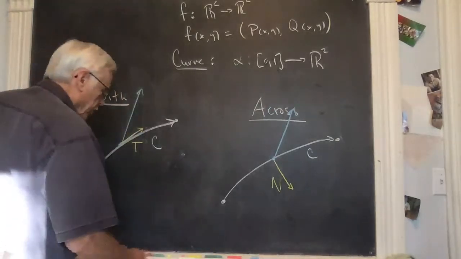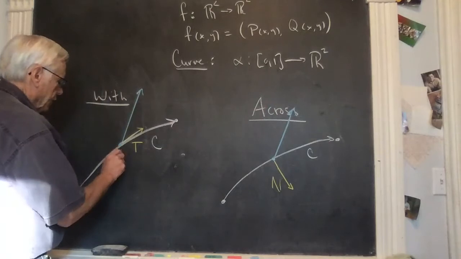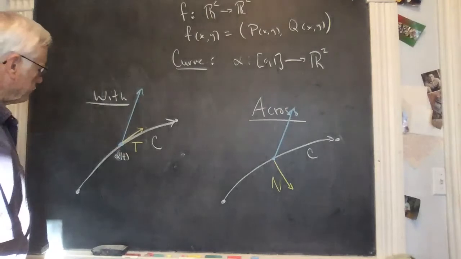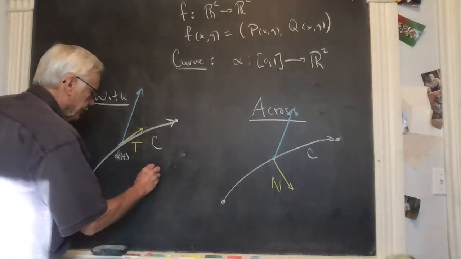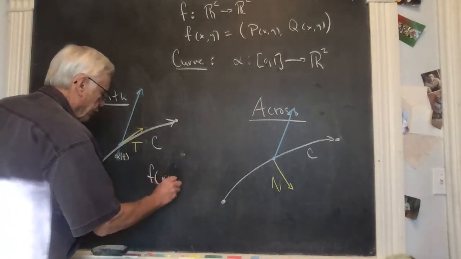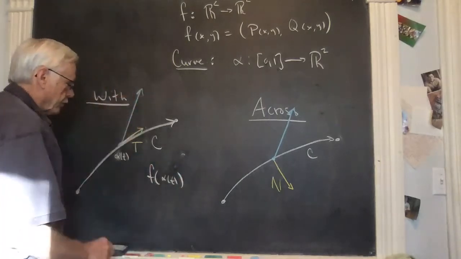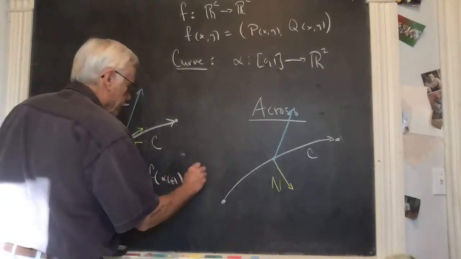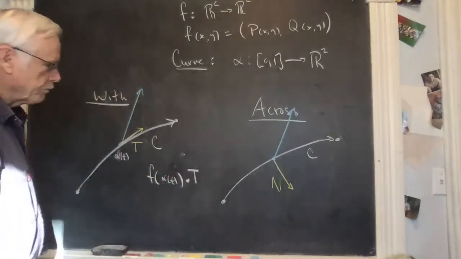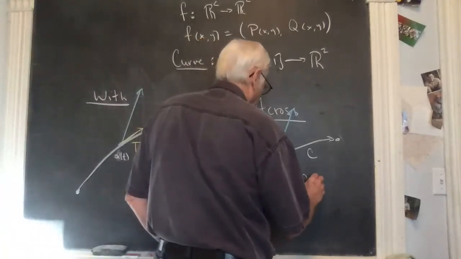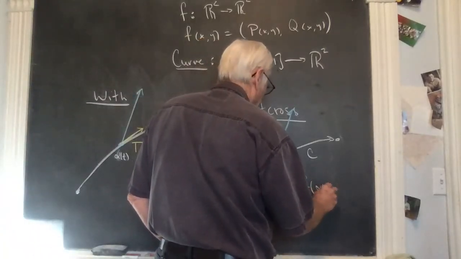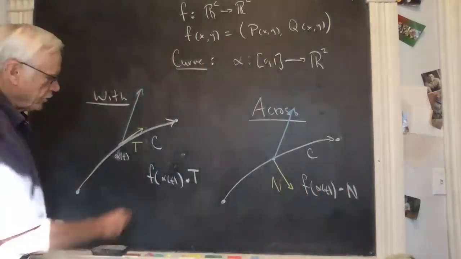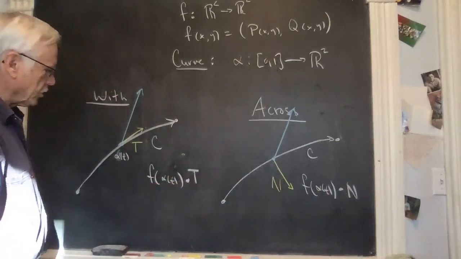And so the force that's with you at this point alpha of t will be F of alpha of t. That's this blue vector. That's the force, but the one that's with you is dot T, dot that tangential vector. And over here, the force that's across you, F of alpha of t, dot product with N. Now these are not vector quantities, these are just scalar quantities.